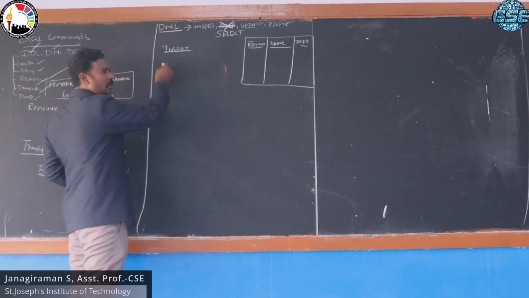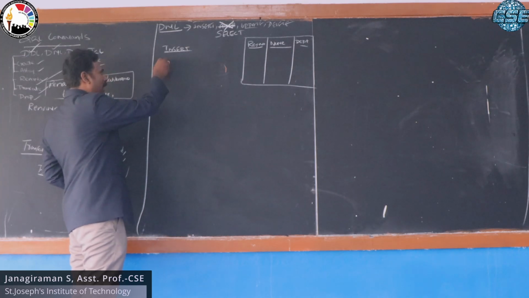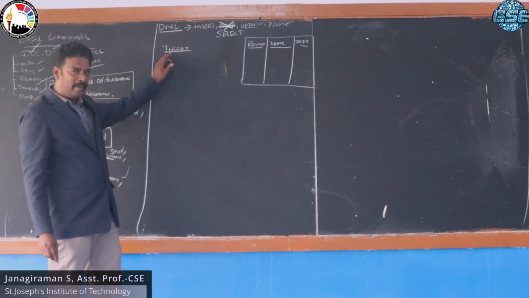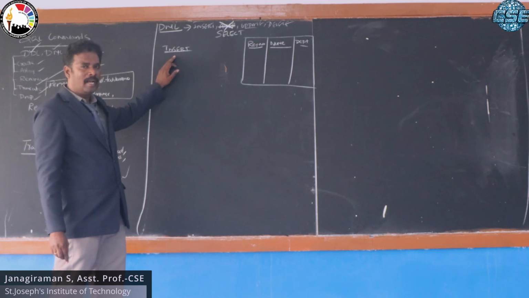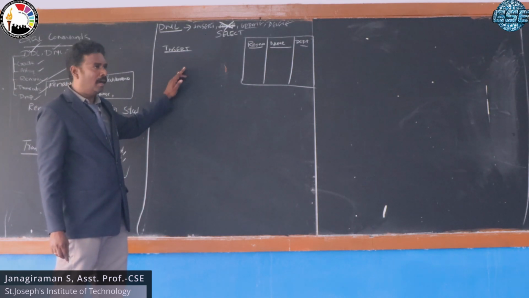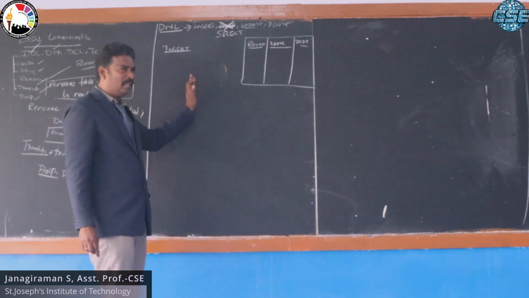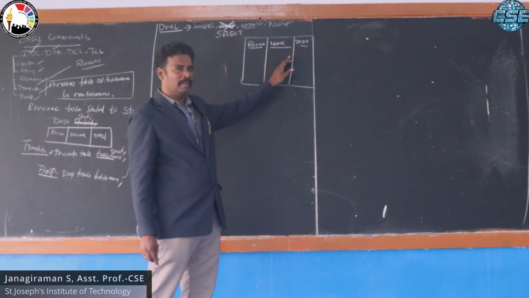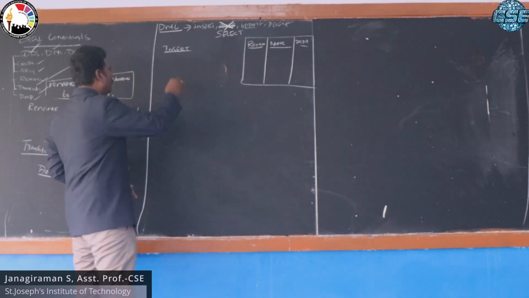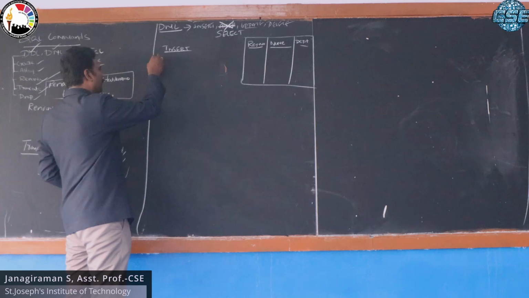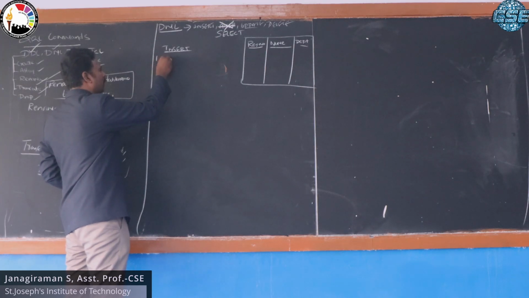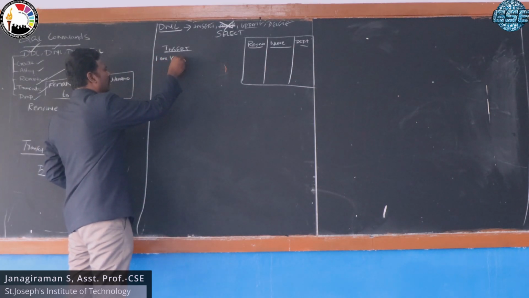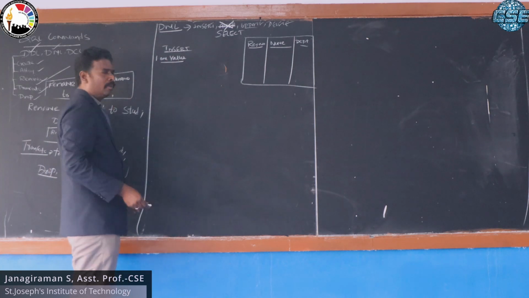I can insert one value at a time, I can insert multiple values at a time, or I can insert values only into specific columns as well. So first let me tell you, insert one value at a time. How can I insert one value at a time?